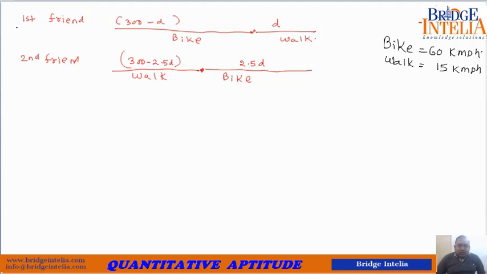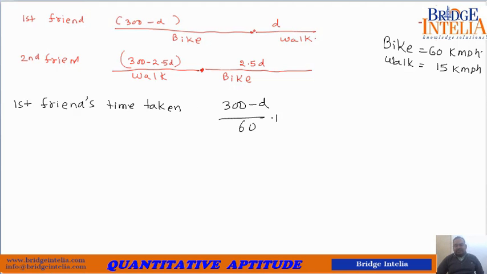Now if you ask the first friend, how much time did you take to reach from Delhi to Mathura, what will his answer be? 300 minus d, he was traveling on bike, speed of bike is 60. Whereas distance d he has covered by walking. So this is the time he took.